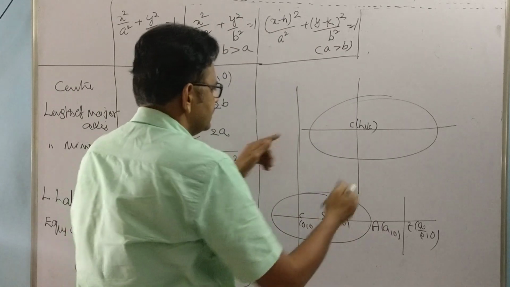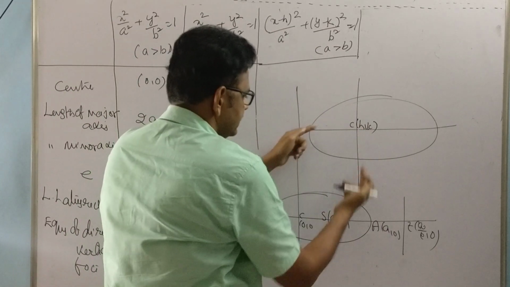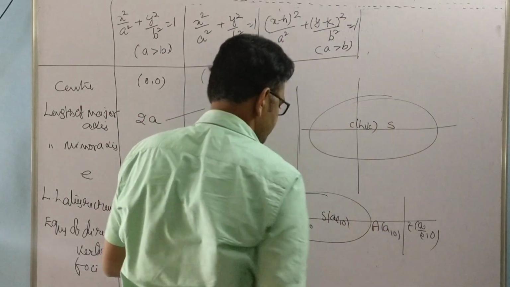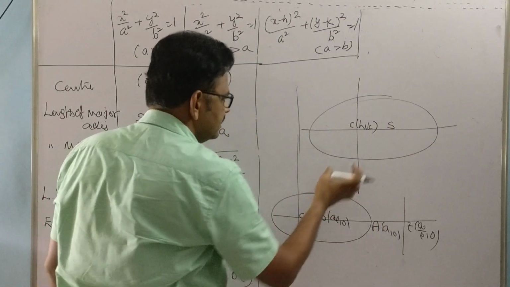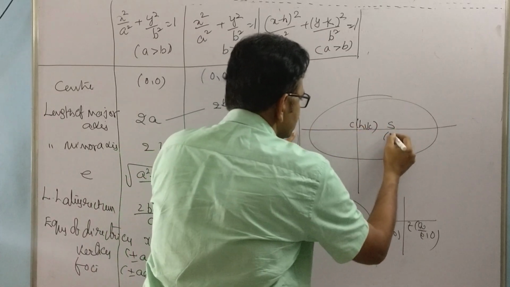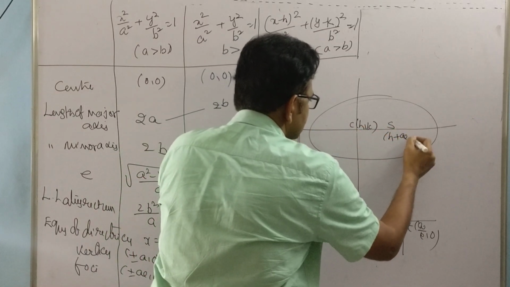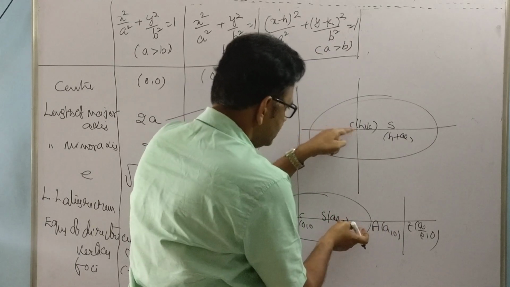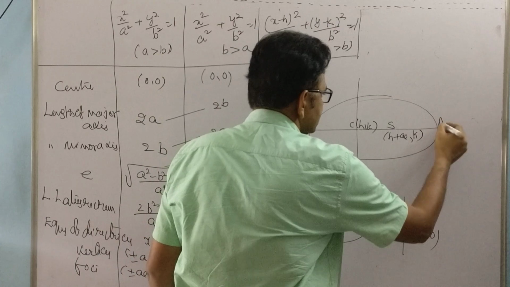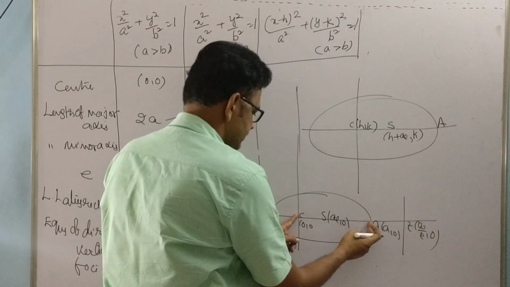h, k means distance is h units and this is k units. So what about CS equal to ae? Distance also ae, so this is h plus ae, k. And what about vertex A?